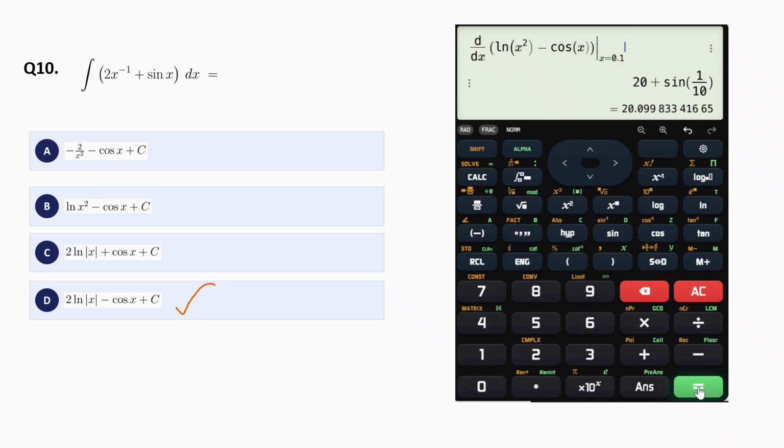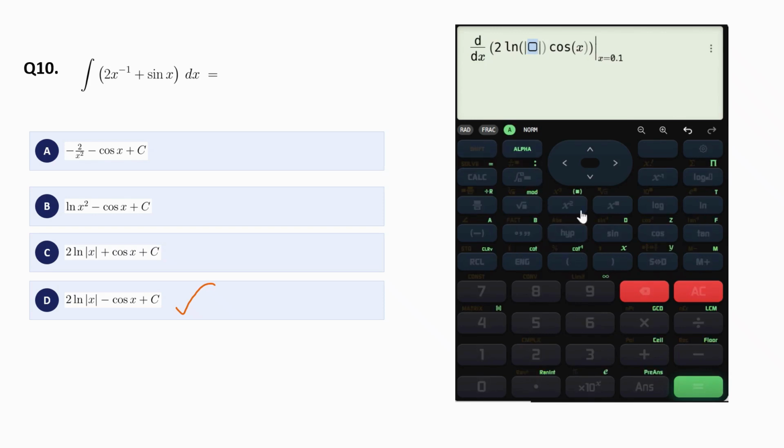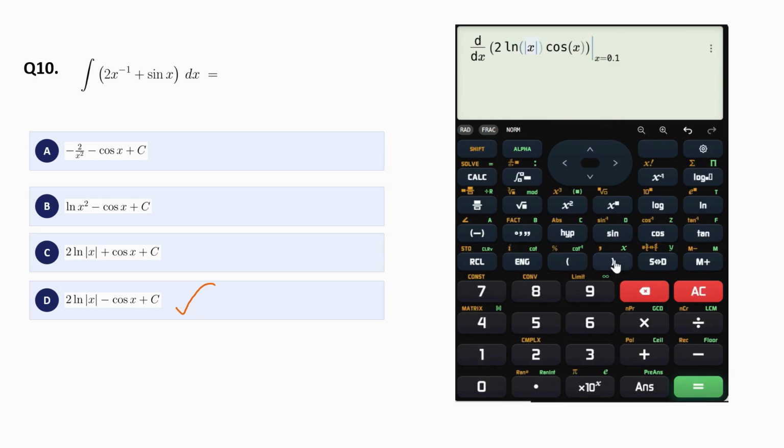So let me proceed with option C, which is 2 ln absolute value of x plus cos x.